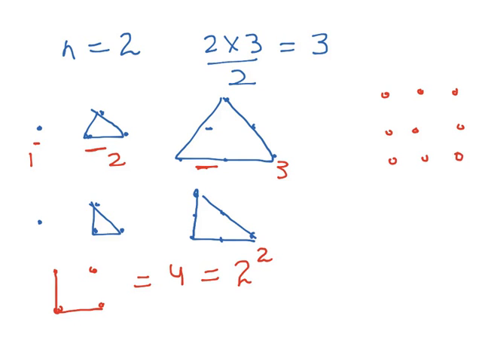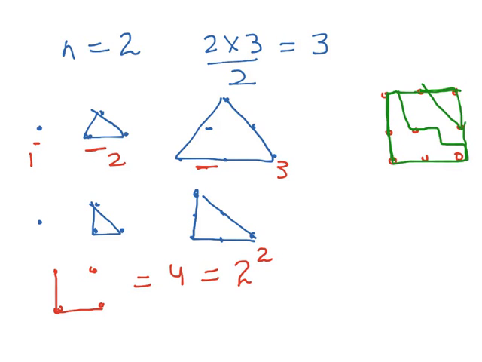And what are the two triangles? These are the two triangles, and this is the other one. Right? So when I combine these two triangles, what do I get? The full square.